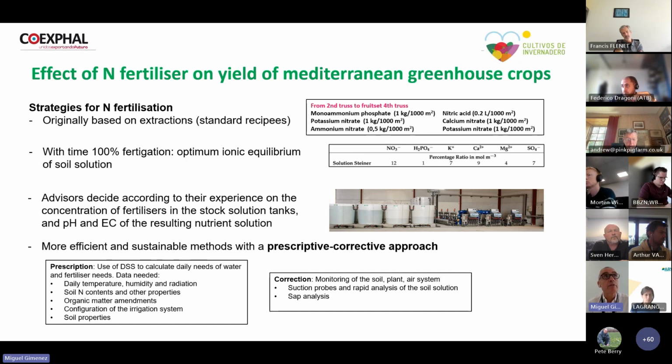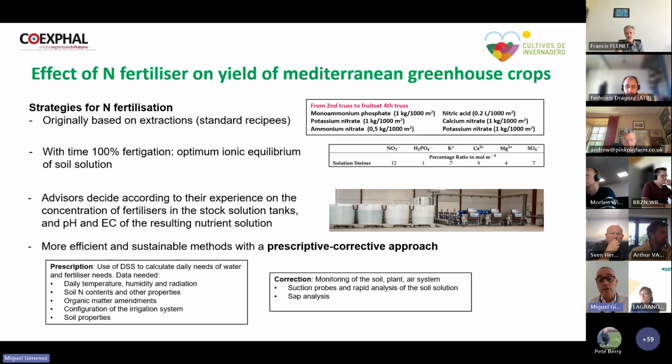So this gives the growers and advisors a kind of general picture of what should be the general strategy during the growing season for the application of irrigation and fertilization. And then this is corrected day by day by some data which should be obtained from the soil, from the plant, and also from the air system, and this is the climate within the greenhouses.